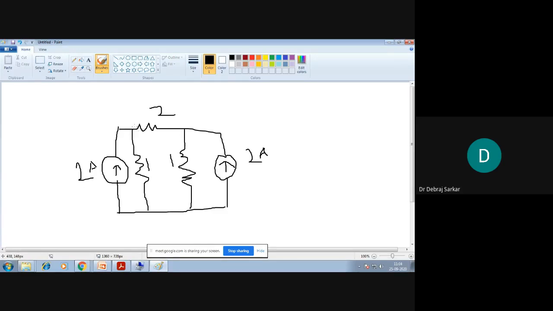How many nodes are there? Three. Actually, there are 3 nodes, but one is the ground. Ground will not be considered. So this is one node, and this is another node. Can you write this equation in your copy if you have any?